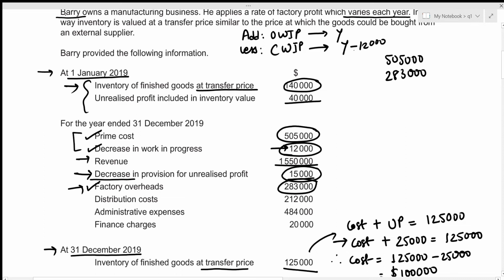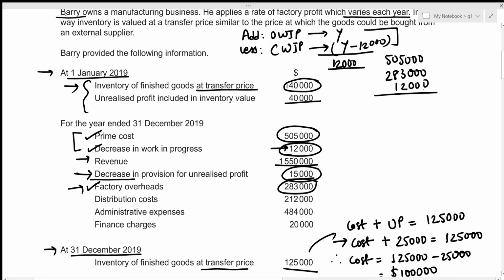Because that's the amount decreased from the opening in order to receive our closing work in progress. So we need to subtract this now. And that is just going to be y minus y plus 12,000, because this is a negative and two negatives result in a positive. So this results in the value of positive 12,000, right? So this just means that the decrement in work in progress means that we need to add that value in our manufacturing account. So let's add the 12,000.